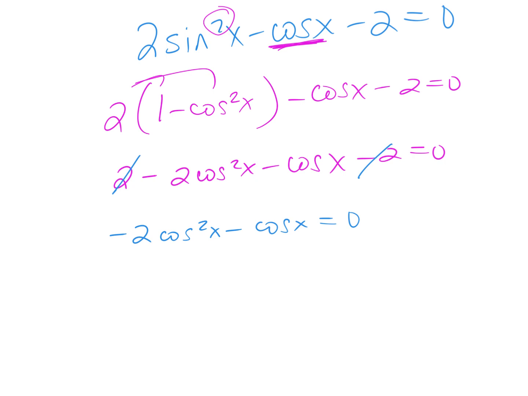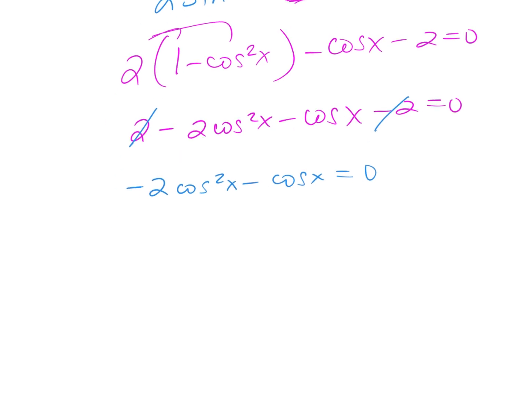Is there anything in common? They both have a cosine, right? So I'm going to take out a negative cosine. When I divide out negative cosine, guys, what happens here? I'm left with negative divided by negative is a positive. So 2 cosine x, negative divided by negative is a positive.